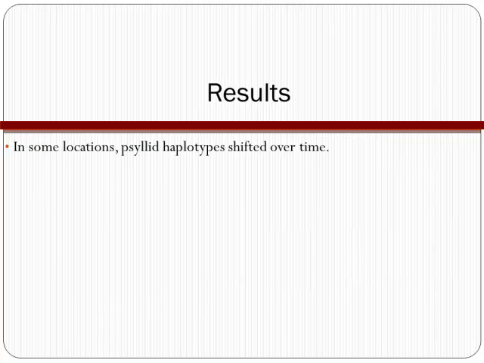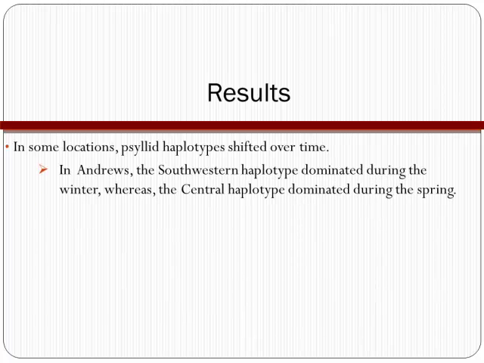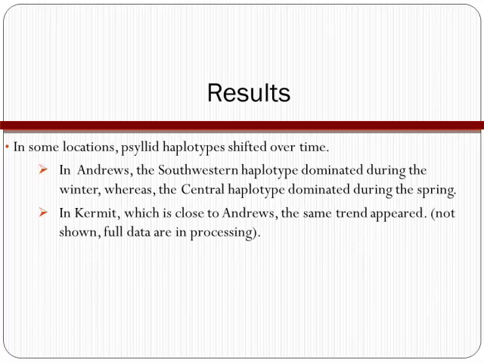And in some locations, psyllid haplotype shifted over time. In Andrews, the southwestern haplotype dominated during the winter, and the central haplotype dominated during the spring. In Kermit, which is not shown in this presentation, which is close to Andrews, the same trend appeared.